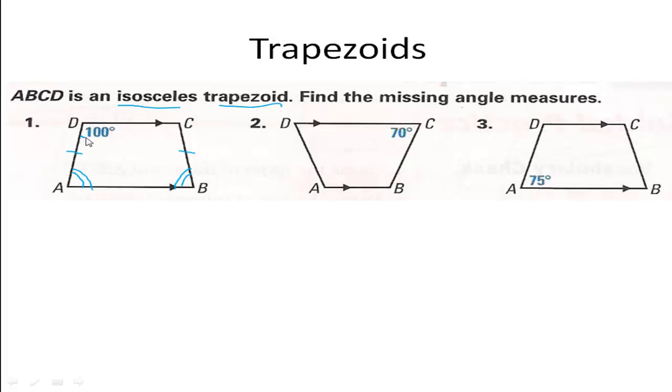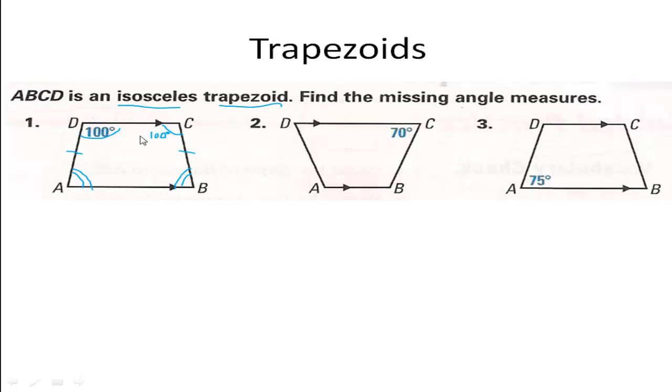And this one is congruent to this one. So if I have to find all the angles, I know this is 100, so this one is 100. Already I have 200 degrees, a total of 360 degrees if I add 100 plus 100 plus this one plus this one. That makes 360.